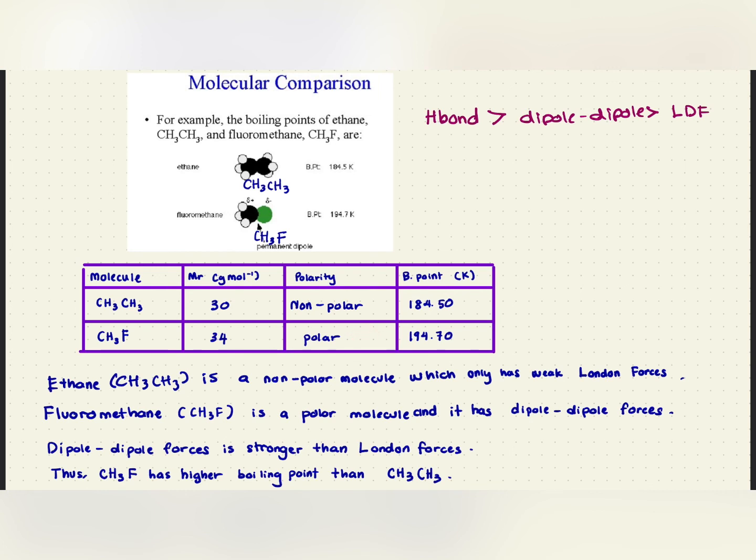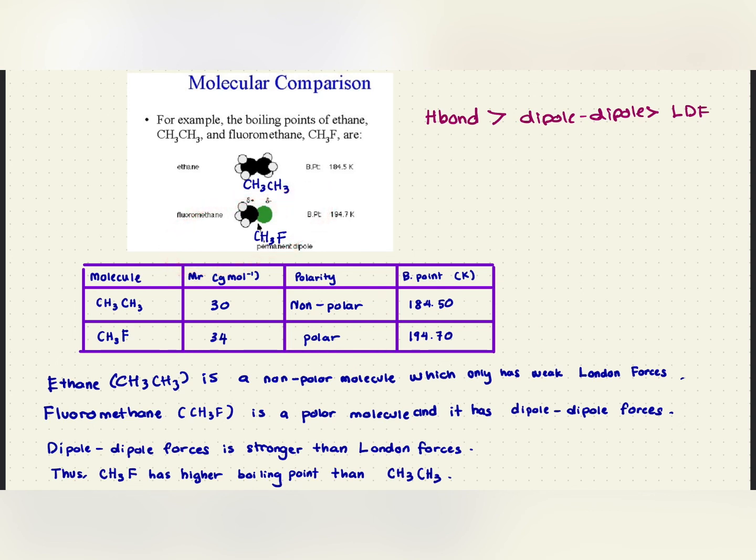Okay, so dekat sini barulah kita boleh compare factor polarity. Okay, because dia punya molar mass almost the same and dia punya shape pun almost similar. Okay, so you can see here untuk ethane, dia punya boiling point is 184.5, and untuk fluoromethane 194.7 Kelvin. Okay, so this one is slightly higher. Why? Because of the polarity of the molecule here.